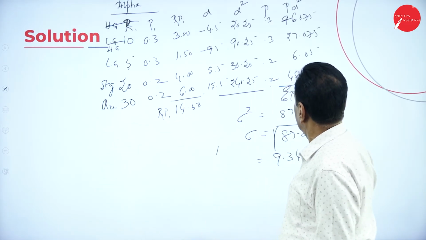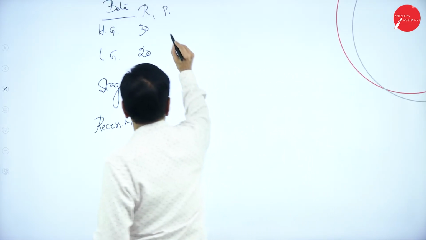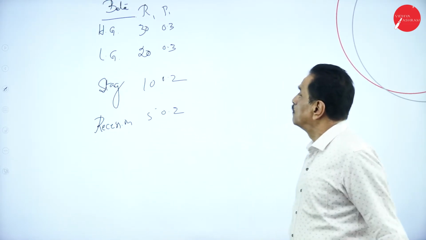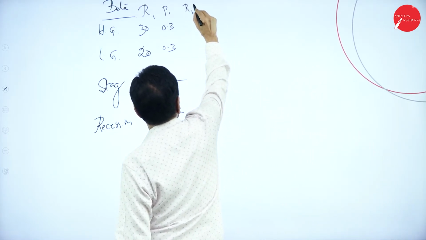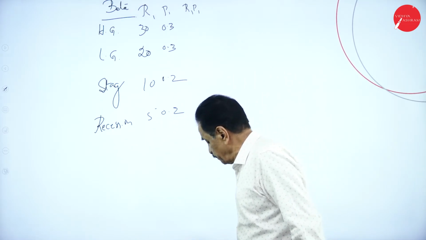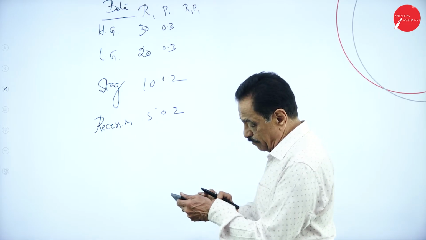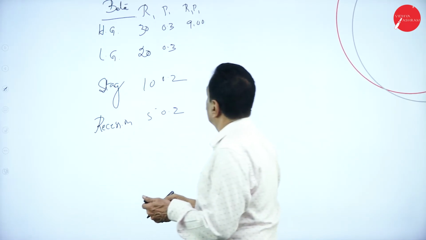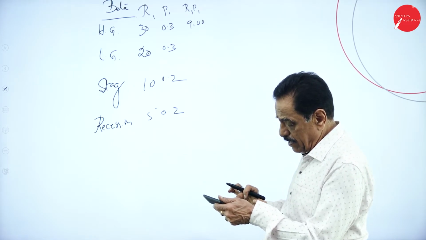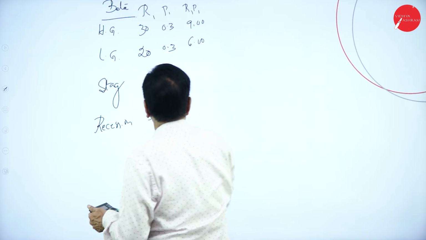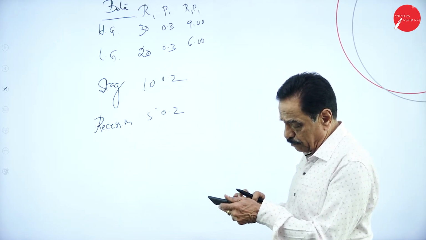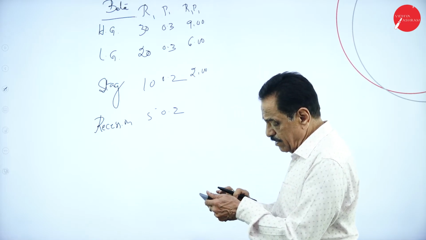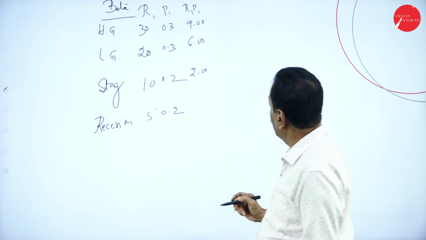Probability 0.3, 0.3, 0.2, 0.2. Multiply R1, P1, one by one. 30 into 0.3, 9. 20 into 0.3, 6. 10 into 0.2, 2. 5 into 0.2, 1.